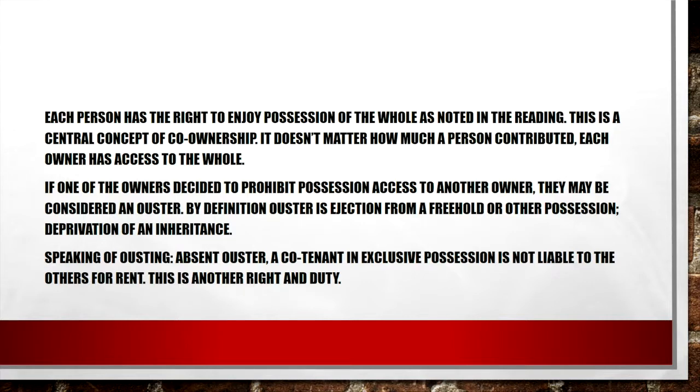So for example, if one person contributes 9% and the other person contributes 91%, each has equal access to the whole. If one of the owners decides to prohibit access to the other owner, that may be considered ousting. And ousting is ejection from a freehold or otherwise possession that deprives one of their inheritance.